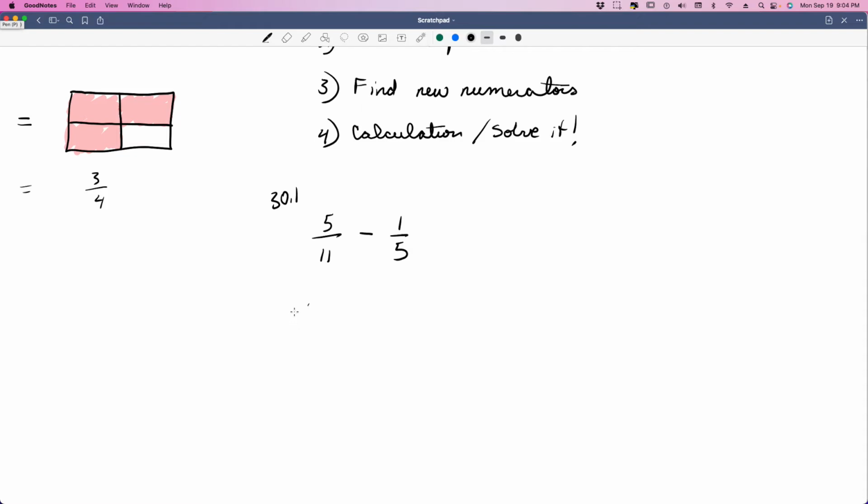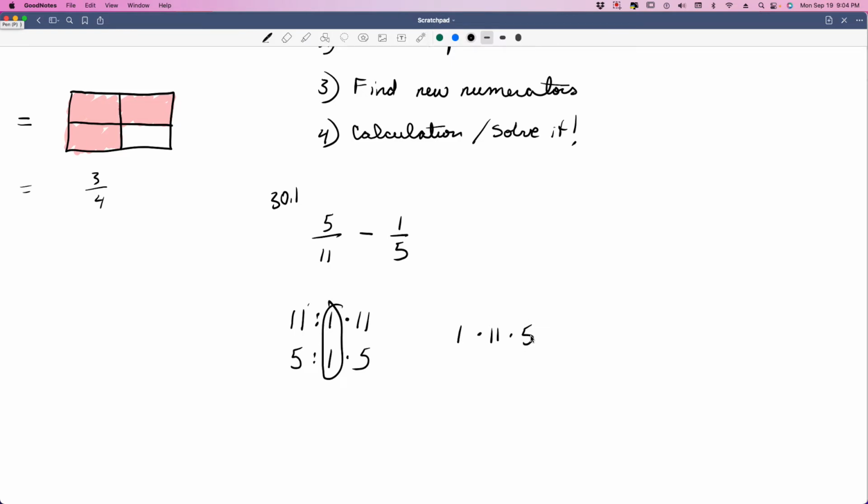What we do is we find the least common multiple from the factors of 11. And the only factors of 11 are 1 and 11. The only factors of 5 are 1 and 5. So we have a common factor of 1. So we have 1 times 11 times 5. That's all we can do.